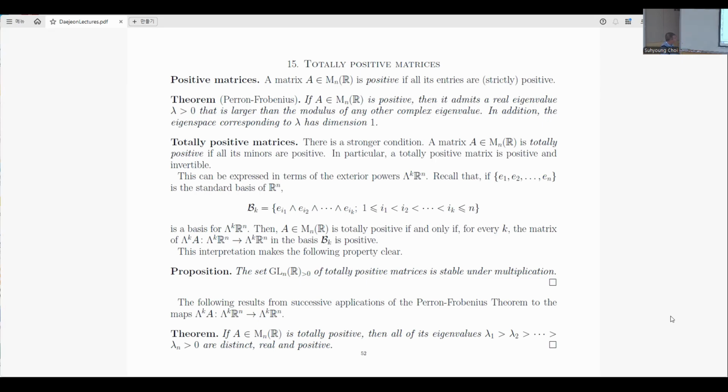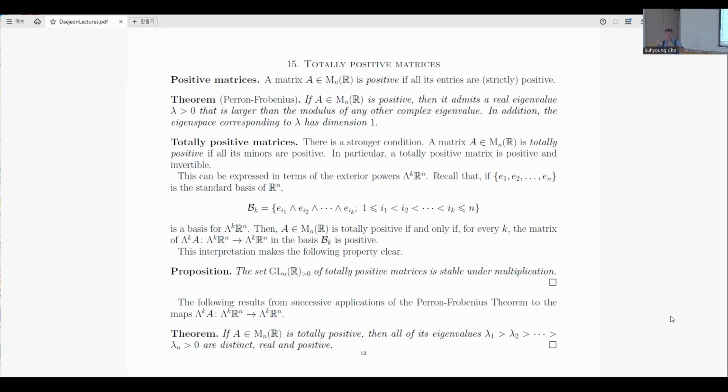Totally positive, on the other hand, is weird, because we say that a matrix is totally positive if all of its minors are positive. So what's a minor of a matrix? You take k rows, you take k columns somewhere, and then you take the intersection.